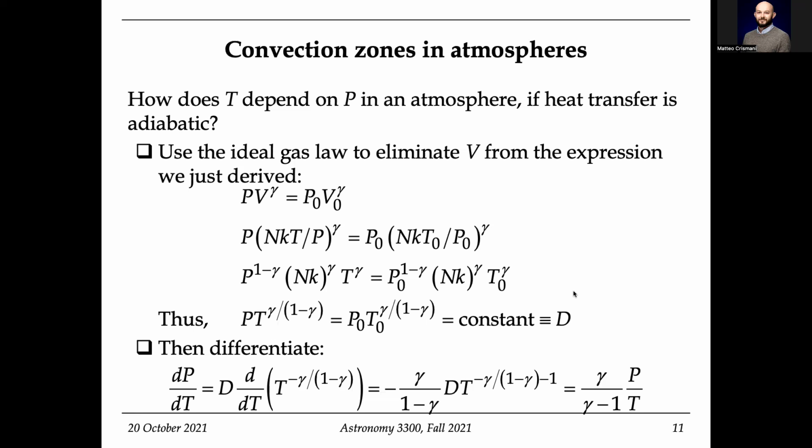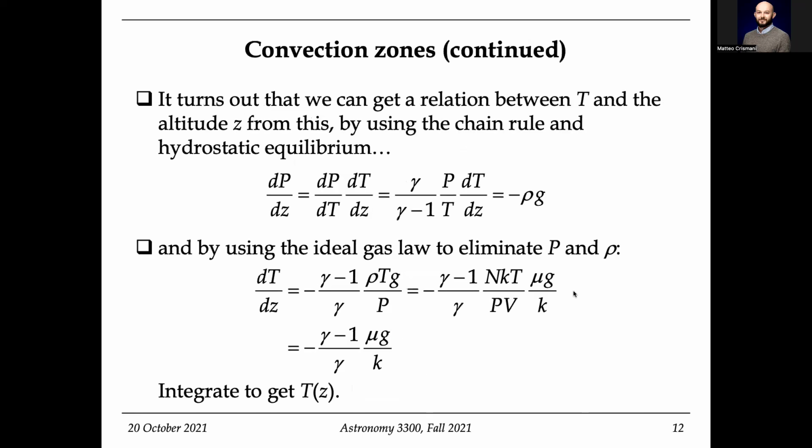Here's the best part. All right, so now we want the part that we care about, which is how does the pressure change with altitude. We already have here dP/dZ, and now we have this thing that we just found, dP/dT. So we plug that piece in there, and we have something like dT/dZ.